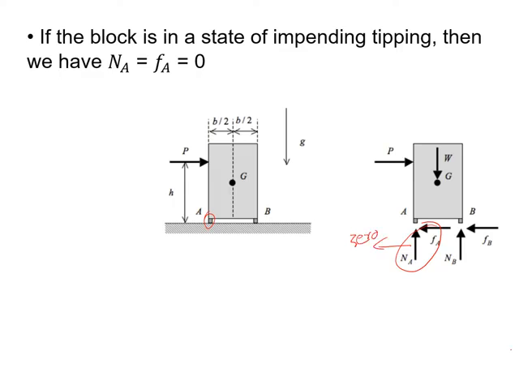So the only normal force and friction force will be at point B. In that case, when the block is in the state of impending tipping, or at the verge of tipping, we cannot apply Fb equal to mu s times Nb. It is not equal for the case of tipping, and Nb has to be greater than 0. So these are the conditions for the case when the block is in the state of tipping.